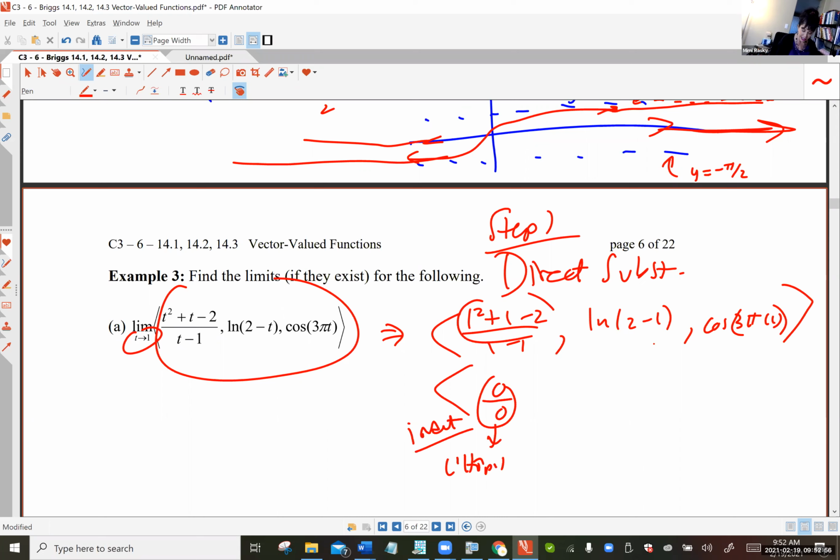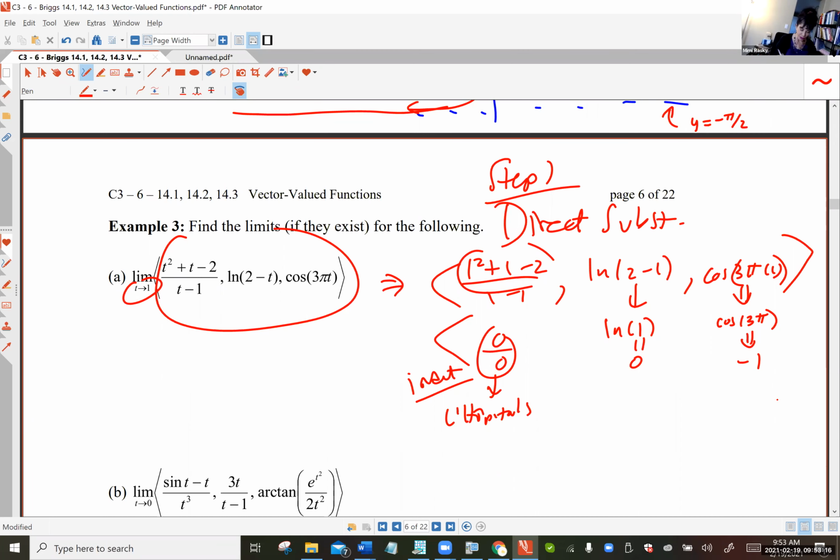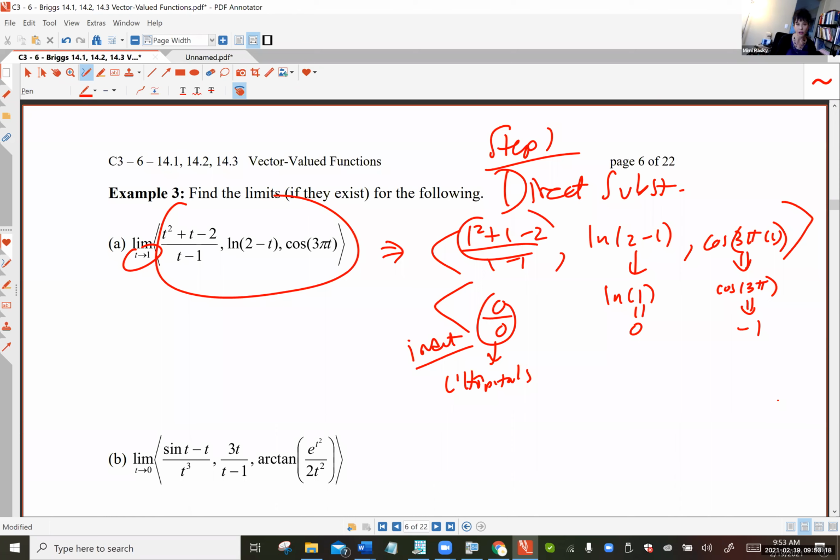The second component gives us ln of 1. ln of 1 is a nice number. Does anybody know what that is? It's called 0. How about cos of 3 pi? Is that -1? Yeah. Now, this first component, you're going to need some work because 0 over 0, don't tell me that's 0. Oh dear. No, that's not okay. Using L'Hopital, you're still going to take the limit as t approaches 1, but I'm going to take the derivative of the numerator.